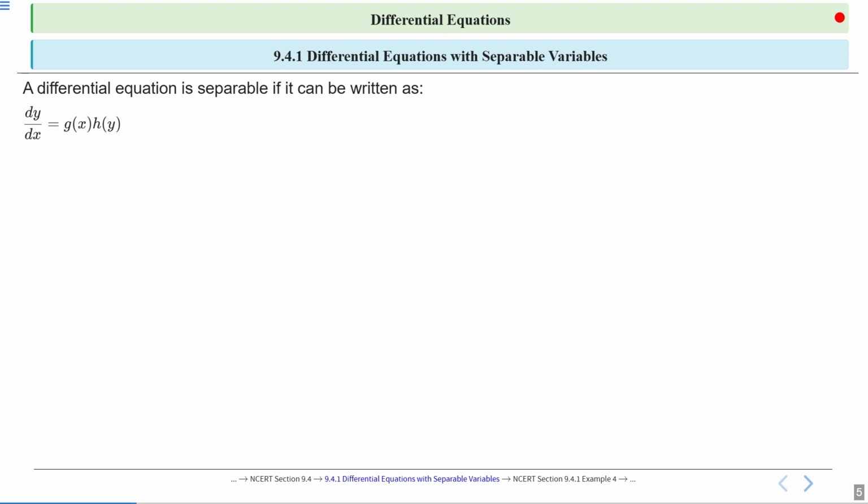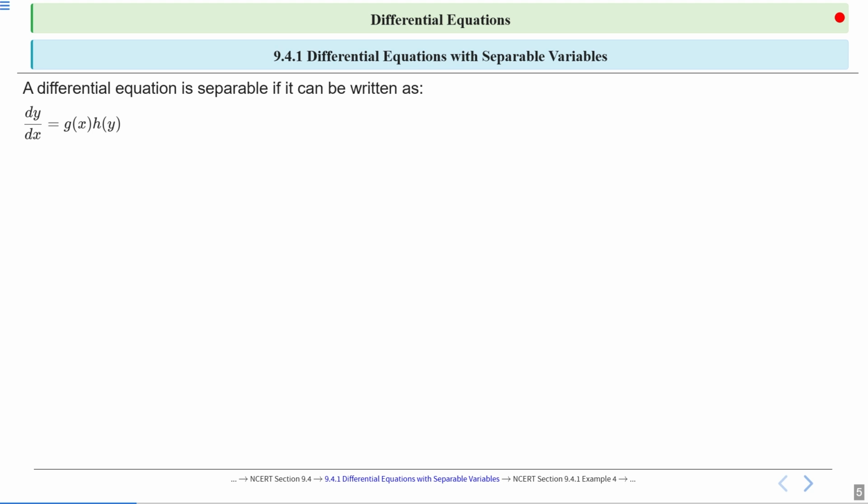So if we can write f(x,y) as a product of 2 separate functions, first is g(x), that is a function with variable x, and then h(y), that is a function with variable y, then we can write f(x,y) as a product of 2 functions g(x) into h(y).